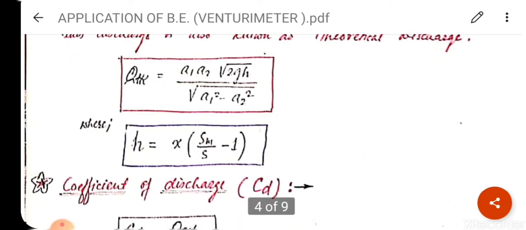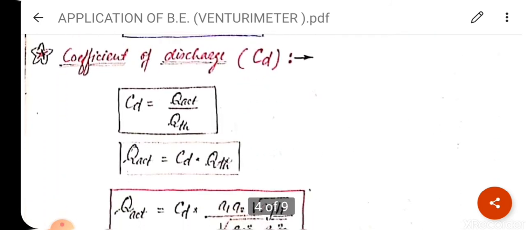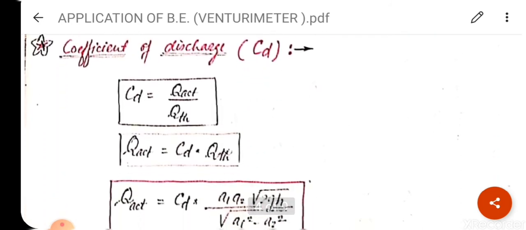So what will be the coefficient of discharge? This is the important term used in venturimeter. Actually, I am calculating theoretical discharge, but what will the actual discharge be? It is given as CD, that is Q actual upon Q theoretical.